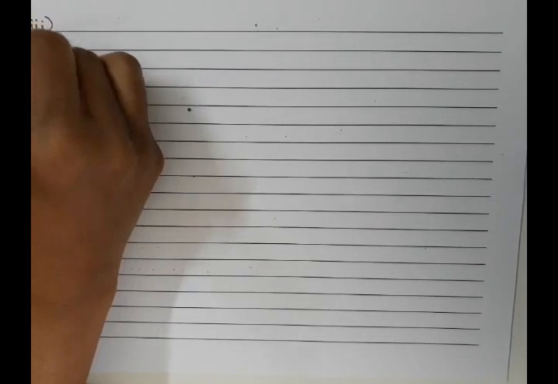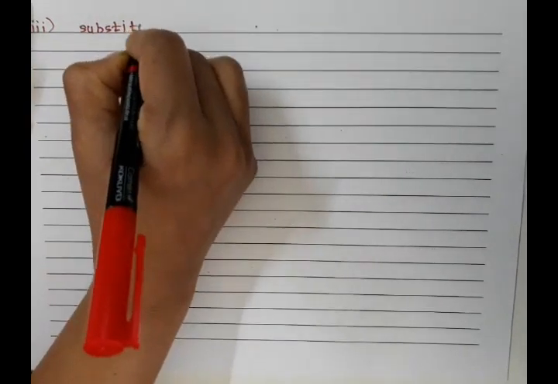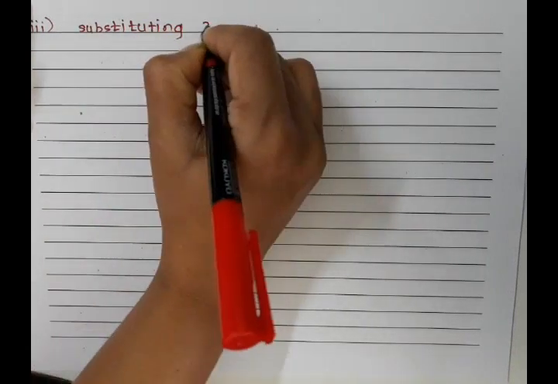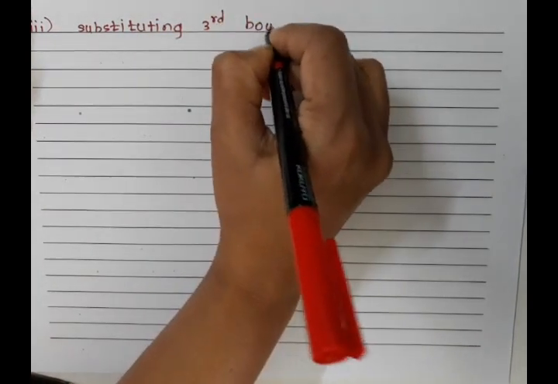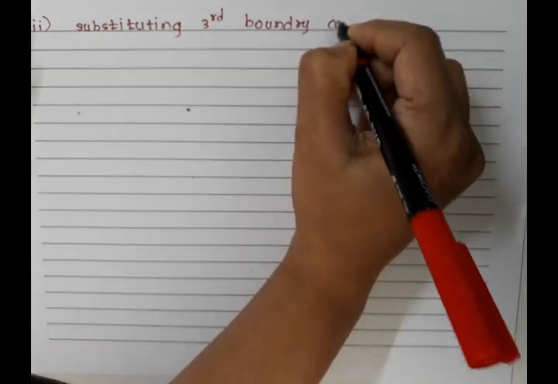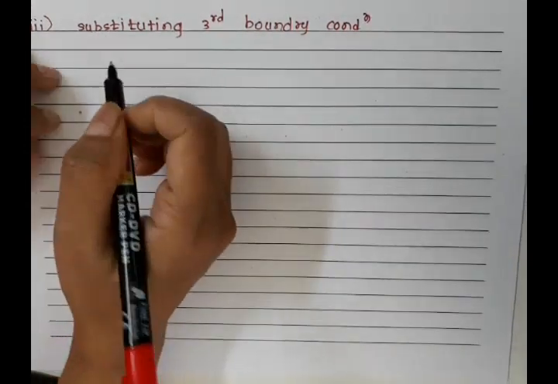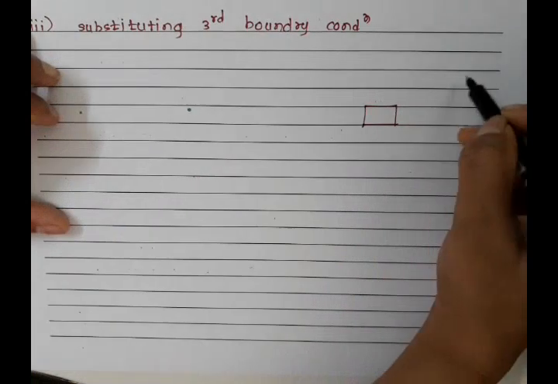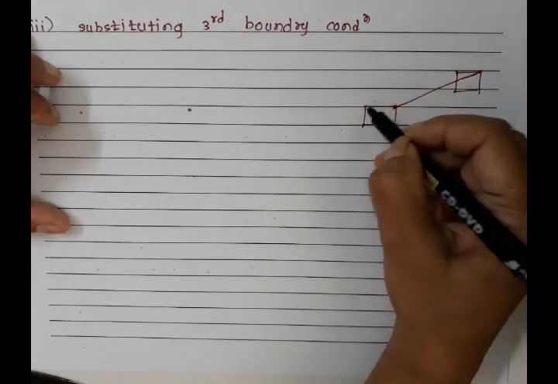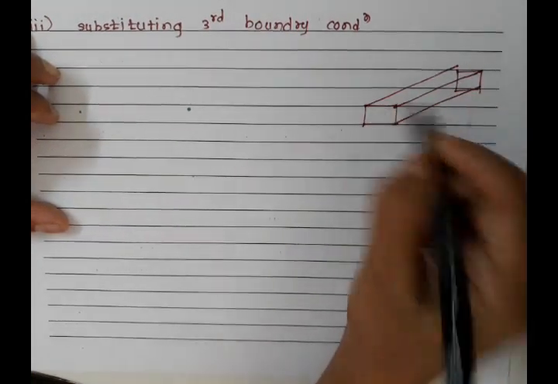Substituting the third boundary condition, I will again draw one rectangular waveguide, where our third boundary condition is nothing but the top side of this.